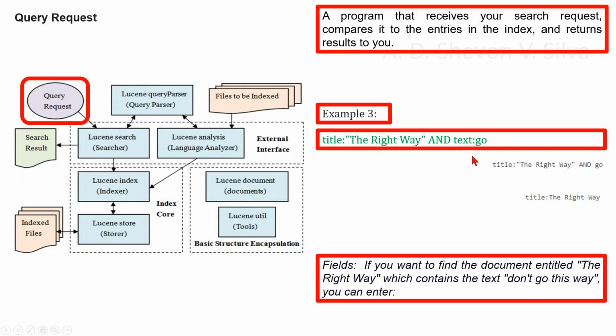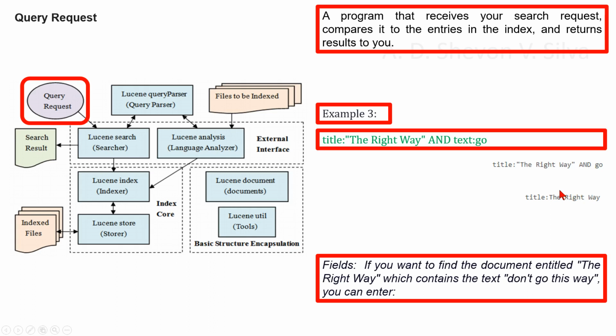If you want to find the document entitled the right way, which contains the text don't go this way, you can enter this: title the right way and text go, or here: title the right way and go. Since text is the default field, the field indicator is not required.